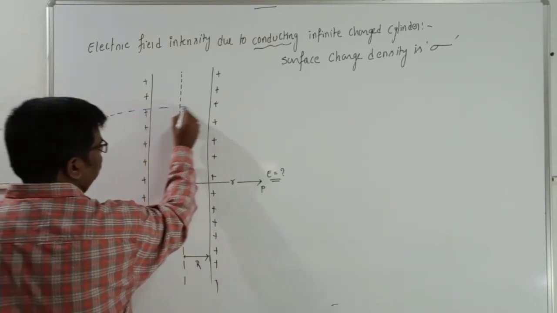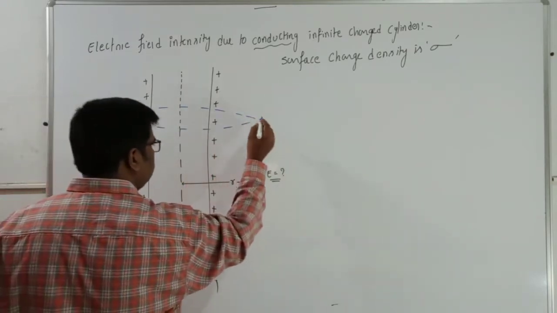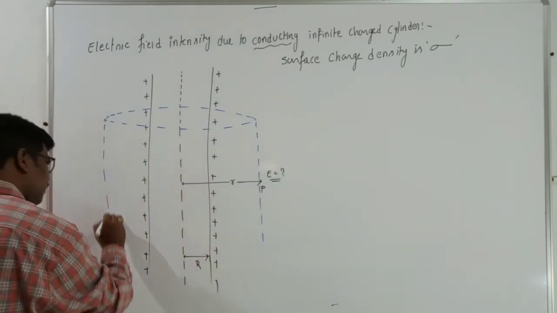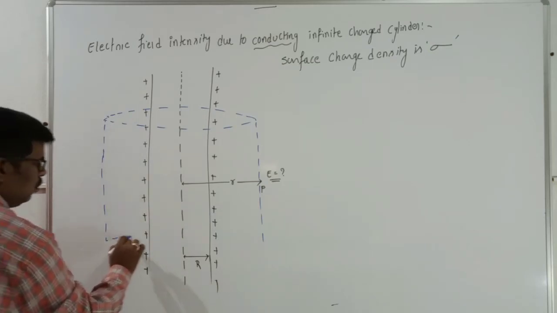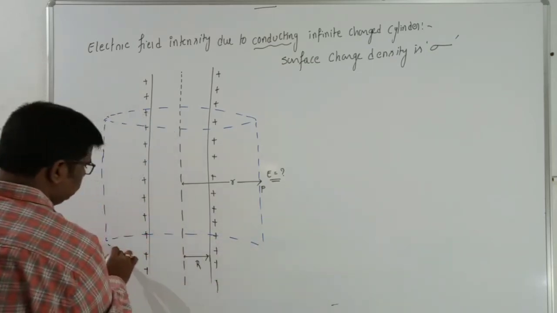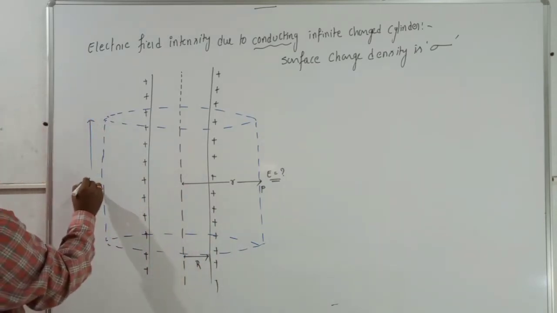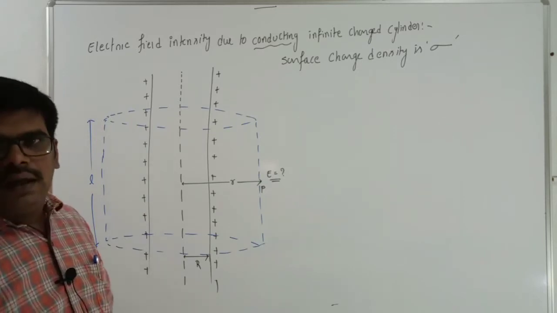Now constructing it like that, this is the Gaussian surface whose length is L and radius is r. Then what will happen?